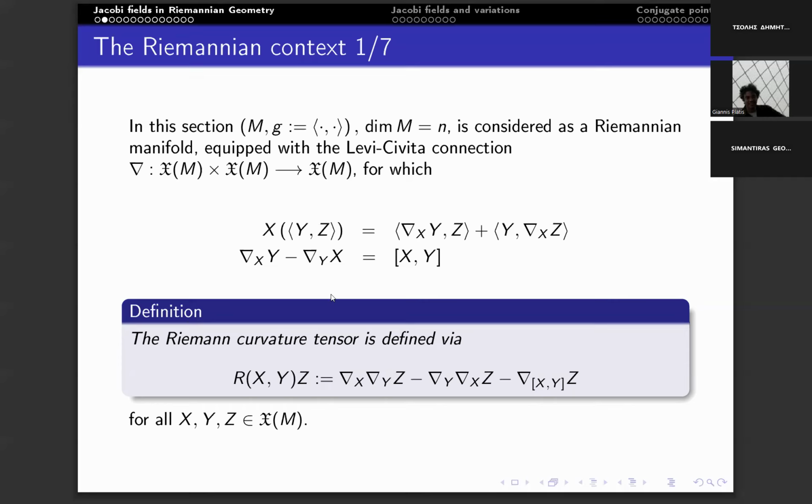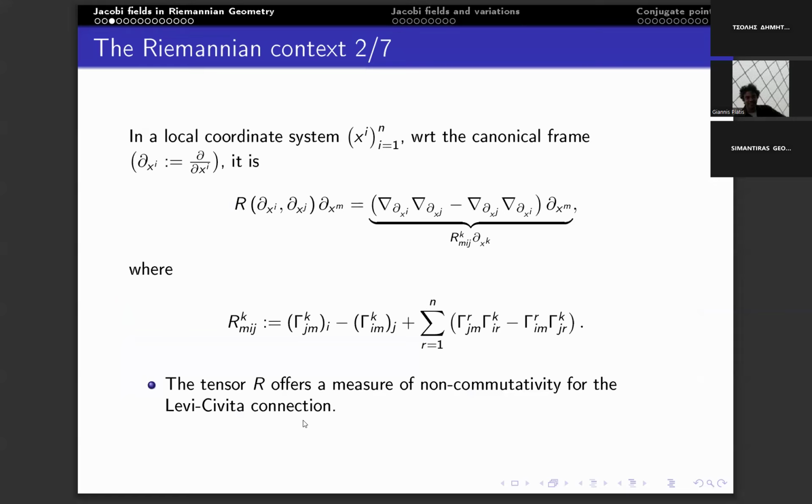We can define the Riemann curvature tensor by this formula for all vector fields X, Y, and Z on M. So we have the local formula for the Riemann curvature tensor by choosing a canonical frame, and these are the coefficients of the Riemann curvature tensor.